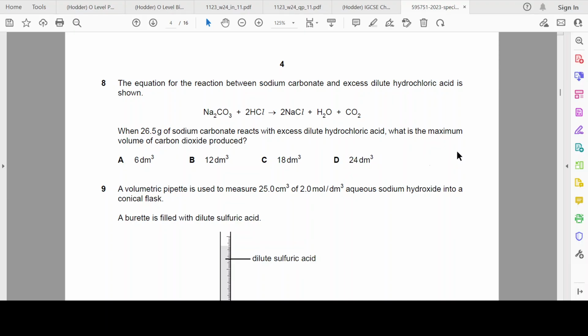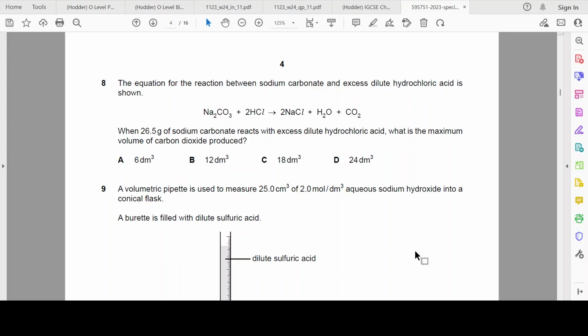We are finding molar volume, so we multiply 0.25 with 24, and you get 6 dm³. Which of these options is that? A, obviously. This is one of the questions where you don't need elimination, because you do your calculation and just get the right answer. You're not even considering any of the other options.